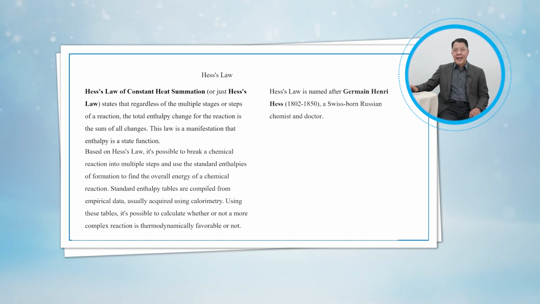Based on his law, it's possible to break a chemical reaction into multiple steps and use the standard enthalpies of formation to find the overall energy of a chemical reaction.